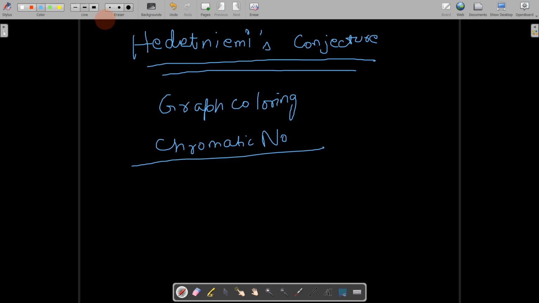So first, let us quickly recap what chromatic number is. I will not go into a very deep explanation. Suppose this is a graph, and the nodes represent vertices, the dots. They represent something in the real world.